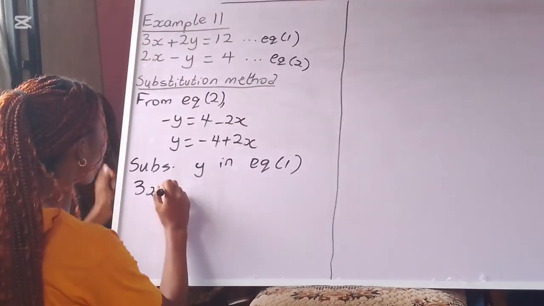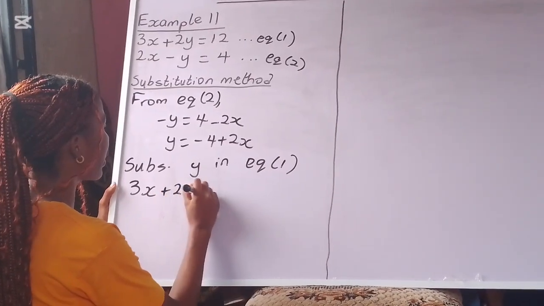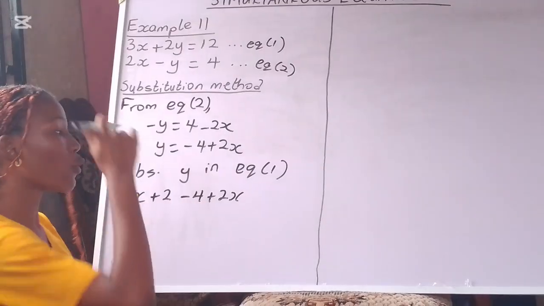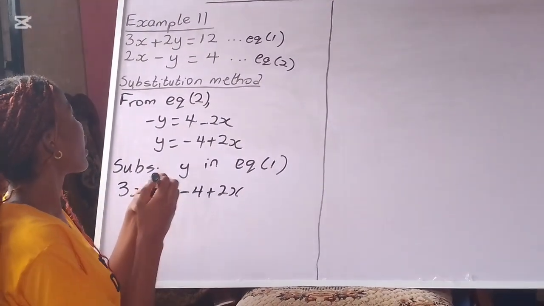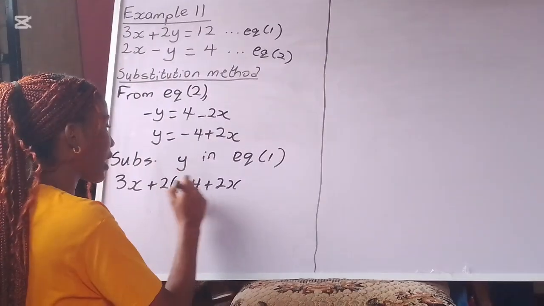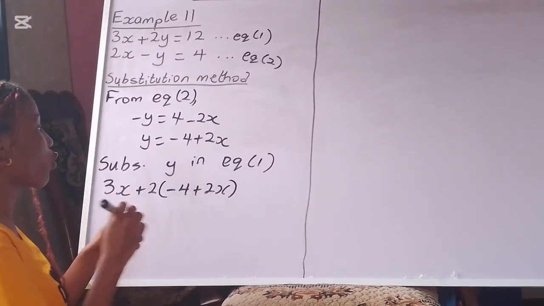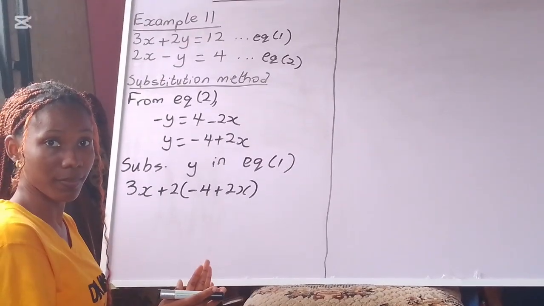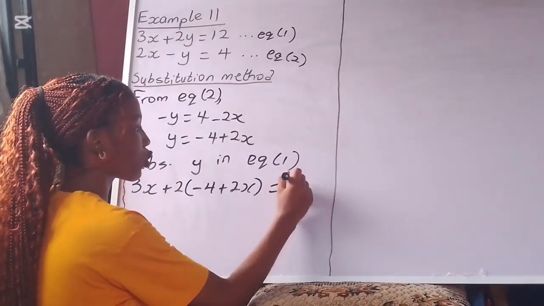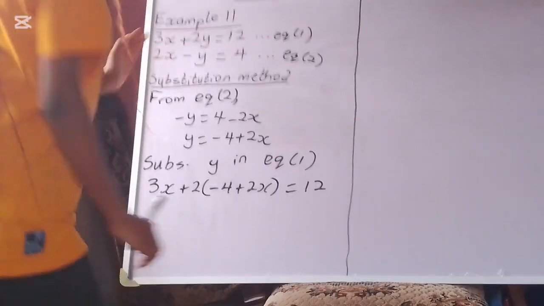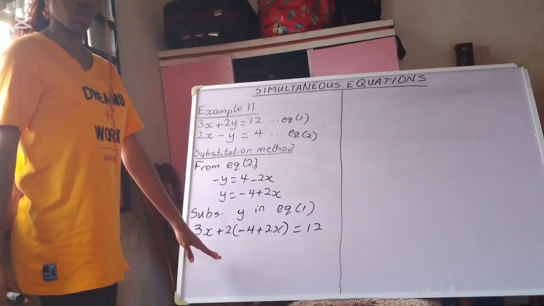So instead of writing plus 2y, it will be plus 2 (negative 4 plus 2x). But mind you, if you are substituting in a case like this where there is a coefficient, you put a bracket because the coefficient is going to affect all the values of y. Then equals 12. Now if we do that, to open this bracket you have to multiply through.